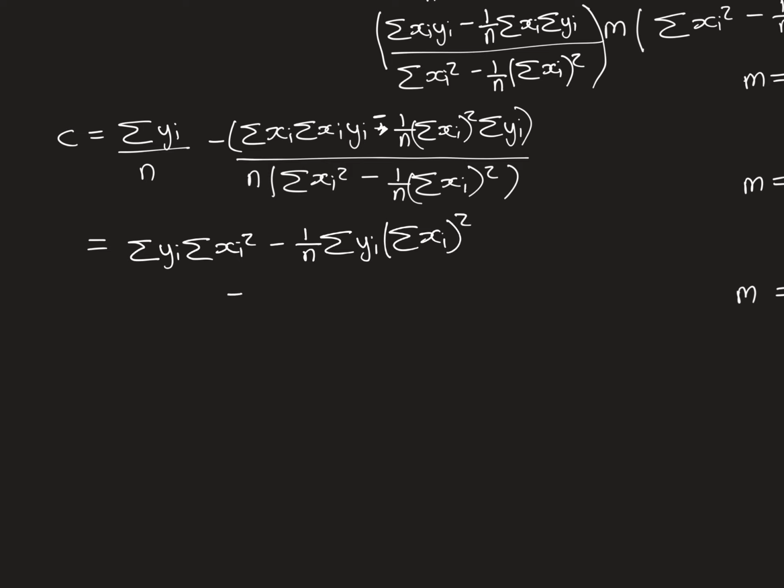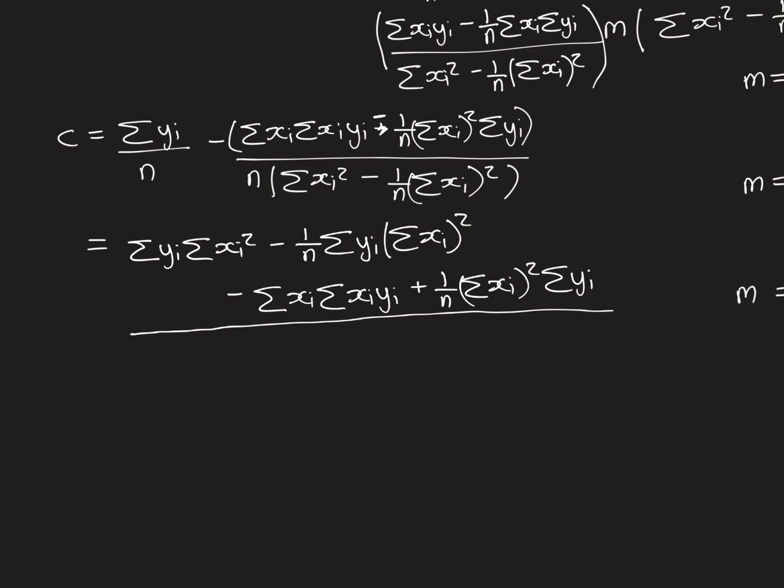And now let's get this minus sign right this time. So it'll be minus sum of xi yi. And now the two minus signs will cancel, so it'll be plus 1 over n sum of xi squared. And now I know I've done it right because it's going to cancel with that other one there. So that's reassuring.